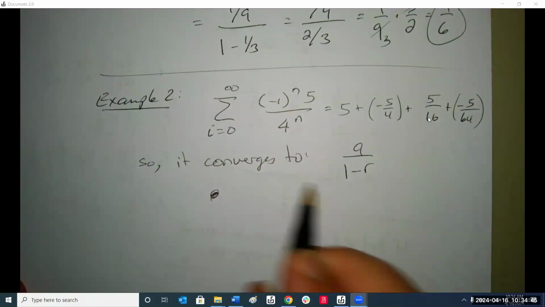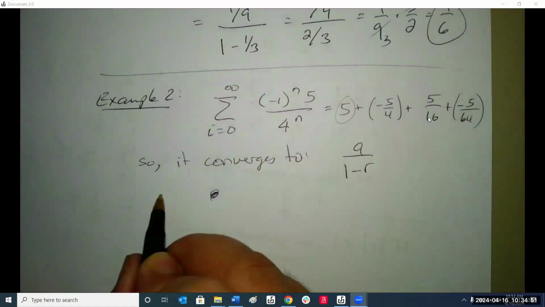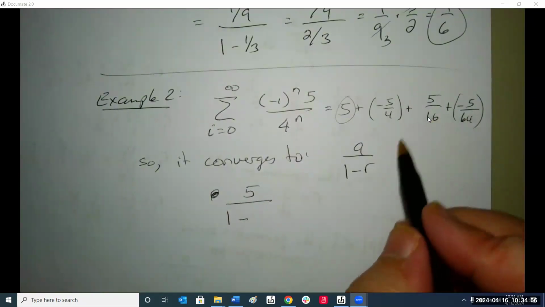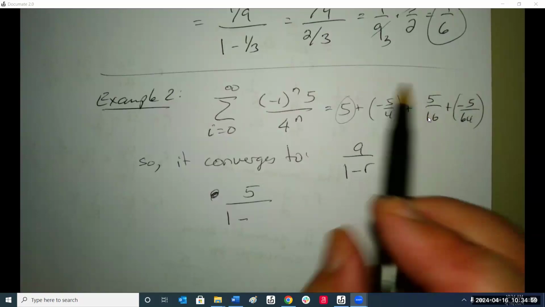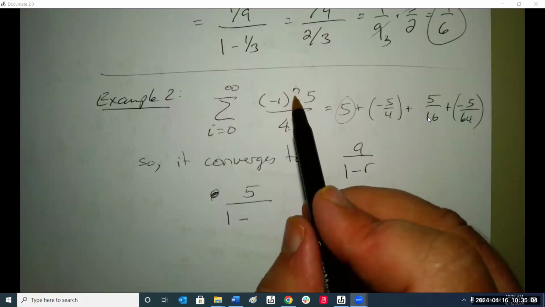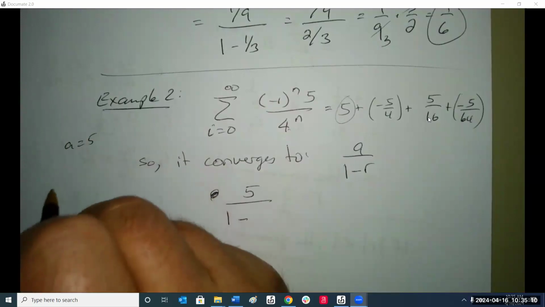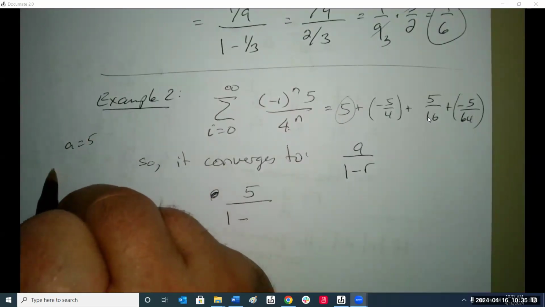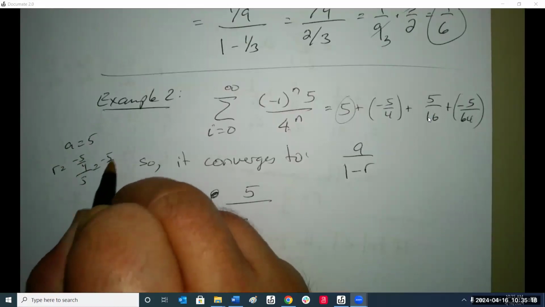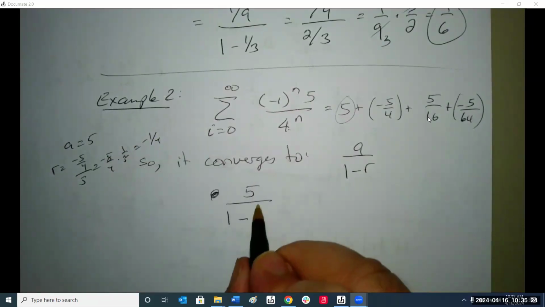So A is the first term, and the sum is A over 1 minus R. A is 5. R is negative 5/4 divided by 5, which is negative 1/4.